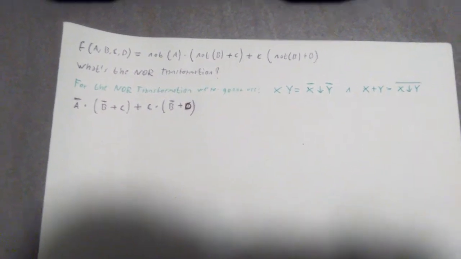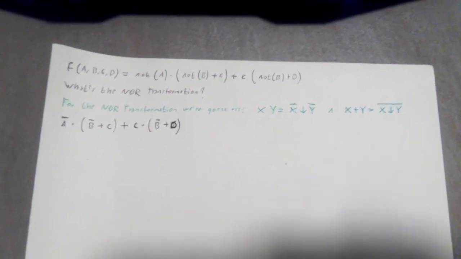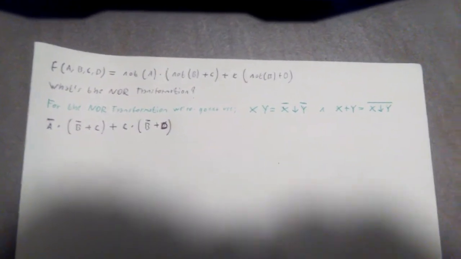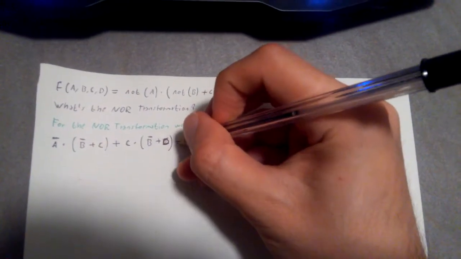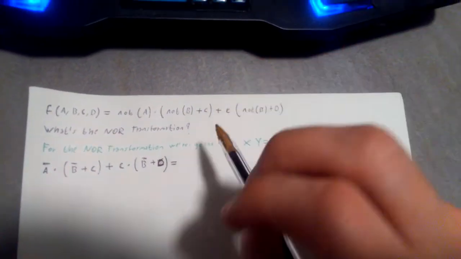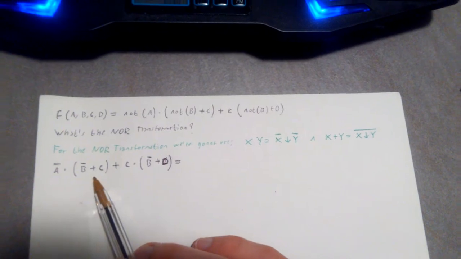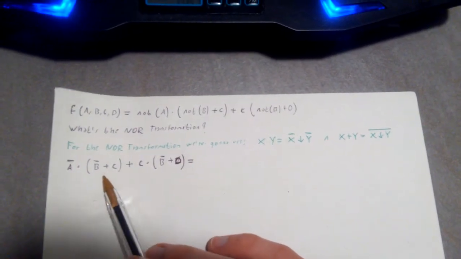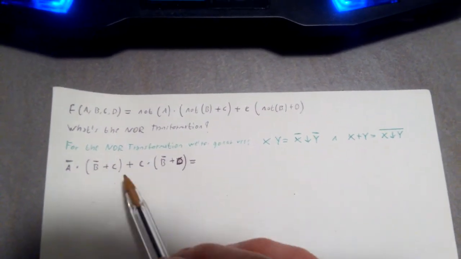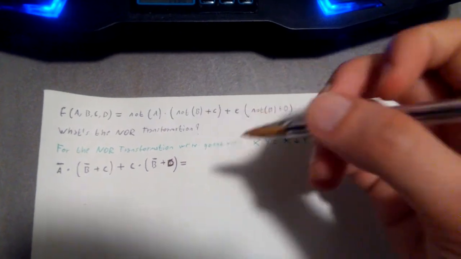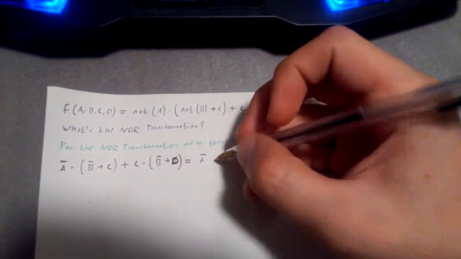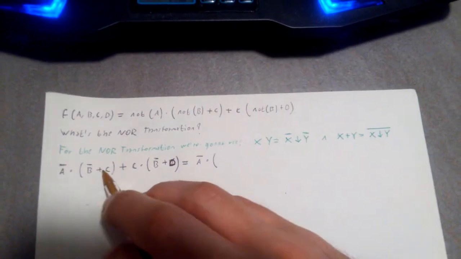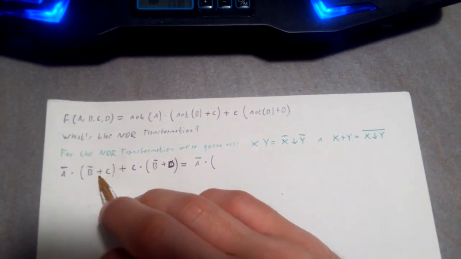We're gonna use just two properties here, 1 and 2. First of all, I want to get rid of what's inside these parentheses. So A not is gonna stay the same. Inside, I want to get rid of this plus.